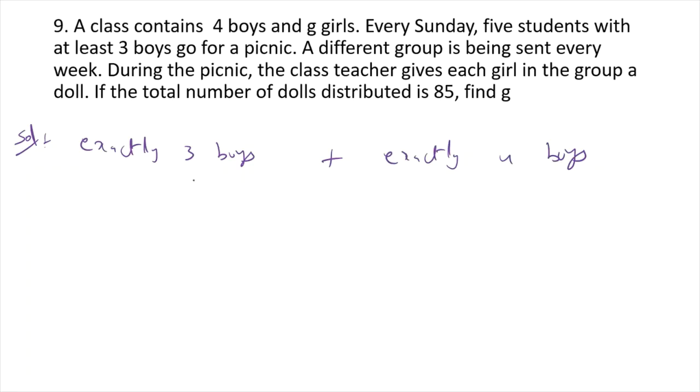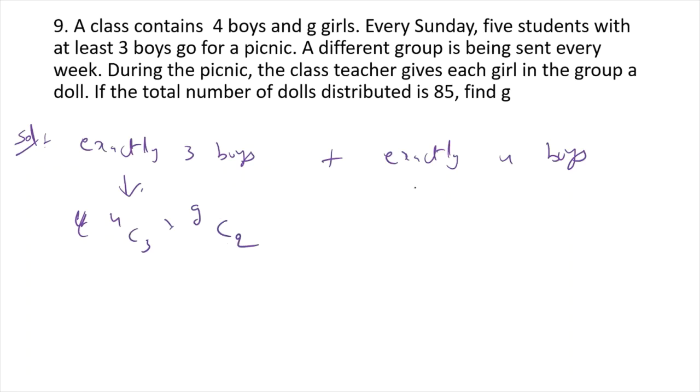So exactly 3 boys plus exactly 4 boys. Exactly 3 boys, so already 3 boys are there, I have to select 2 more. So I can select 3 boys from 4 in 4 choose 3 ways, and I can select 2 more girls from G girls in G choose 2 ways.